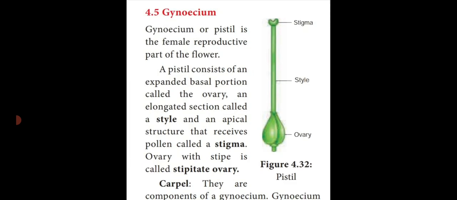In some plants, at the base of the ovary of the gynoecium, a small stalk-like portion is there. That is known as stipe. Ovary with this stipe is known as stipitate ovary. See the diagram. At the base of the ovary, a small, short, stalk-like portion is there. That is said to be stipe. Ovary with the stipe is known as stipitate ovary.